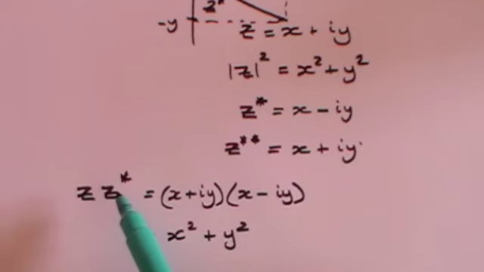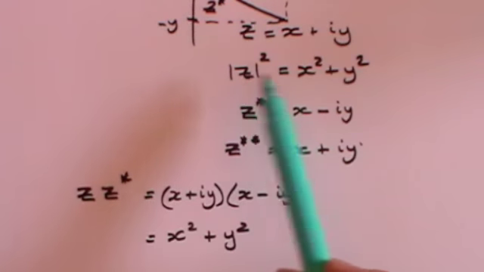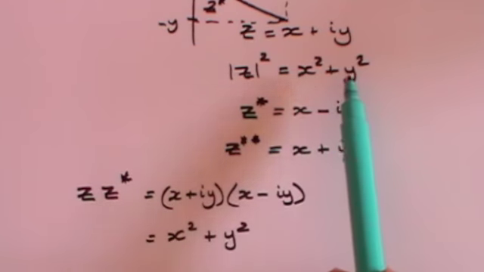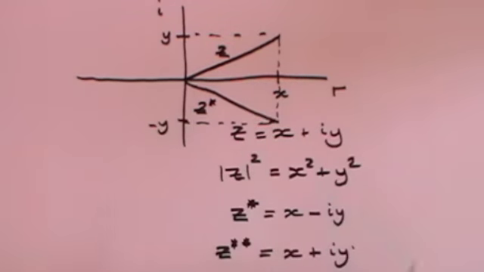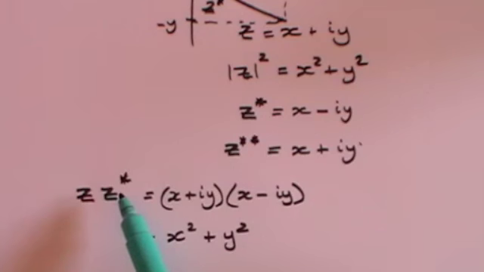A complex number times its complex conjugate gives you the same result as the modulus of that number squared. The modulus of z squared was x squared plus y squared from Pythagoras, but you get the same result if you multiply the number by its complex conjugate. And that will be important when we get to some of the physics of quantum mechanics.